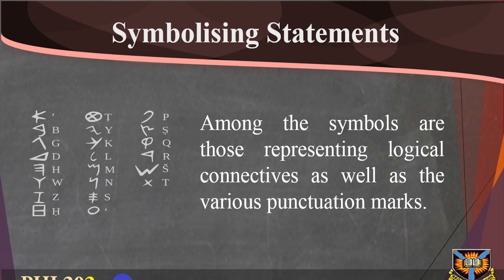False, false, true, true, true. And P dot bracket open, Q V R bracket closed. That is P and bracket open, Q or R bracket closed. False, false, true, true, true. From the above, the first statement is true and the second false.